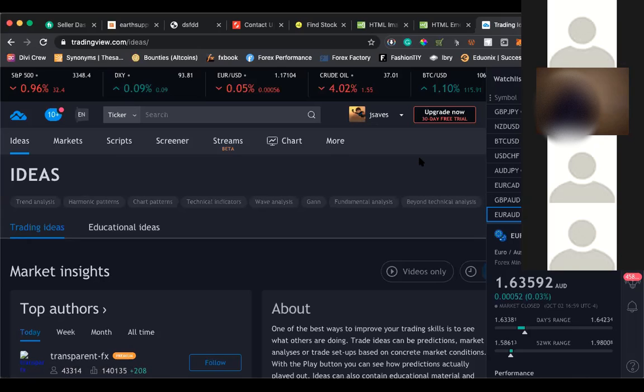Stop loss, take profit. These two are very important. So I'm going to pick any currency pair, like my favorite, USD CAD.